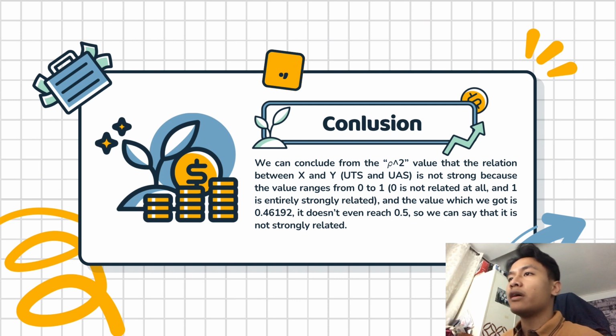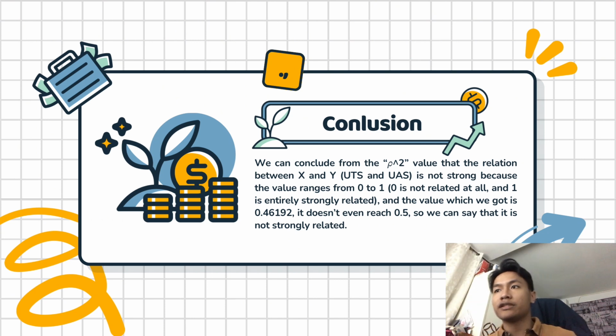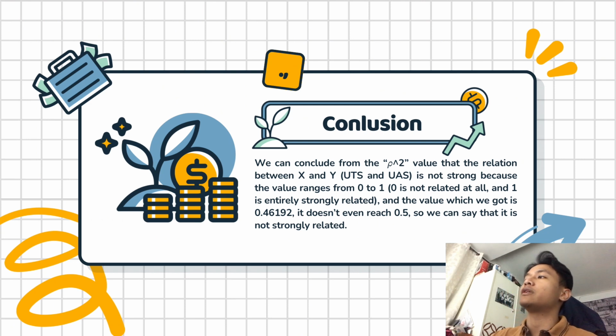The value we got is 0.46192, which doesn't even reach 0.5, so we conclude that it is not strongly related, from all the equations and substitutions that we calculated.